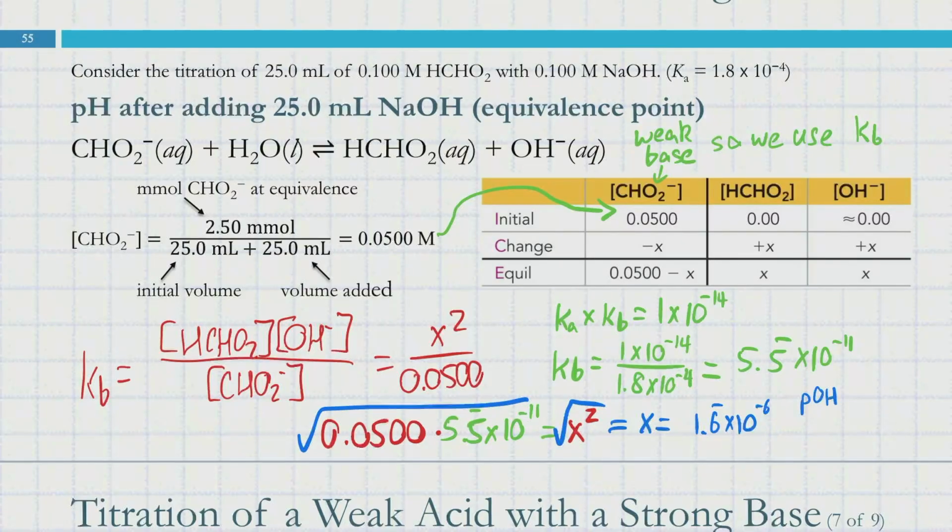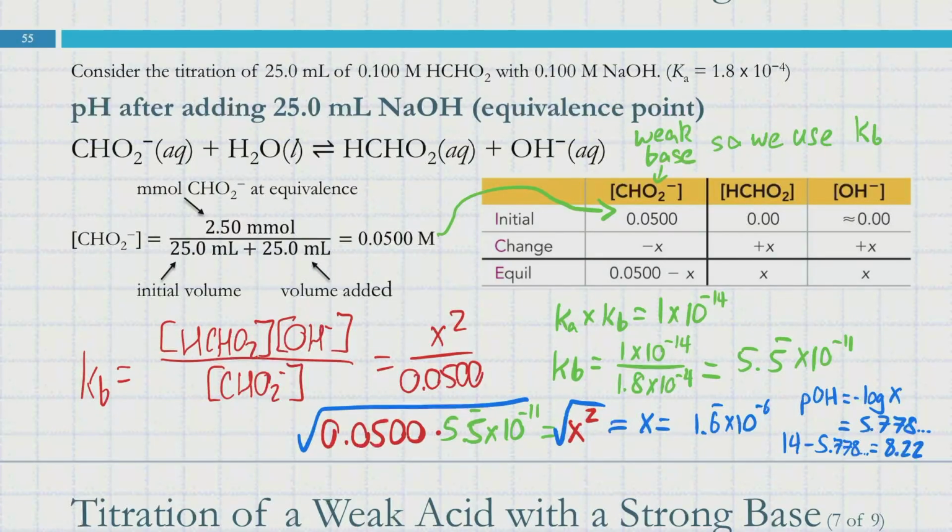And since that's X, that's our hydroxide concentration, we can calculate our pOH, which is 5.778, and some other stuff. 14 minus our pOH gives us our pH. And finally, we arrive at a pH of 8.22.